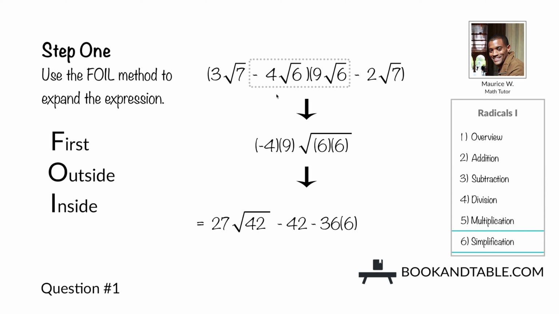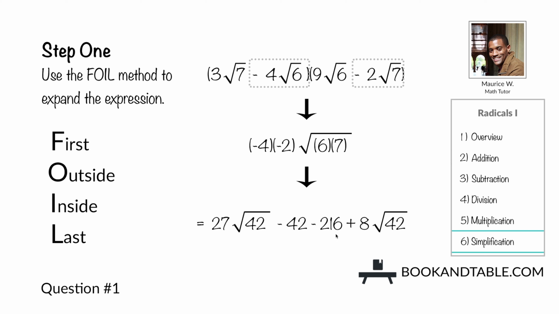You then move to the inside terms. Negative 4 times 9 gives you a coefficient of negative 36. Radical 6 times radical 6 gives you 6. Negative 36 times 6 is negative 216.